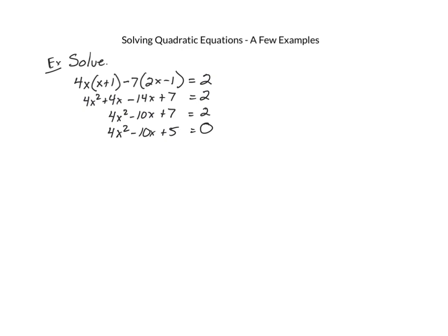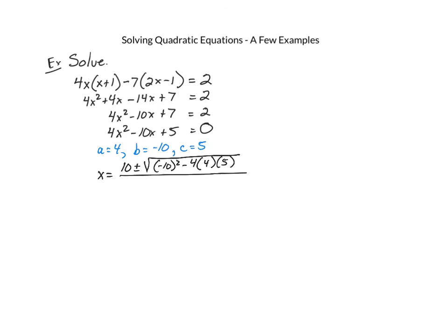So here we go. A equals 4, B equals -10, C equals 5. So x equals the opposite of b plus or minus the square root of b squared minus 4 times a times c, all over 2a.